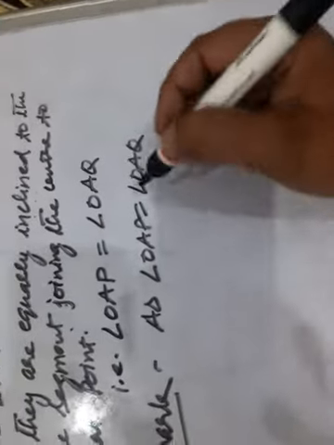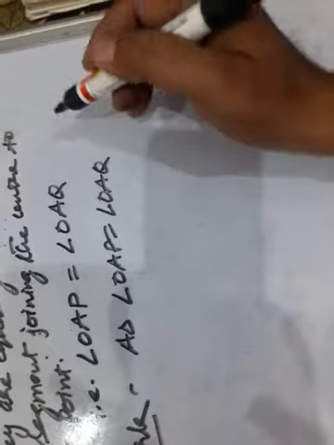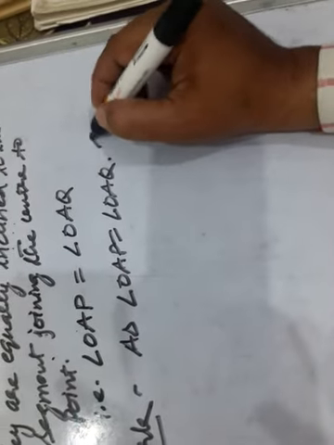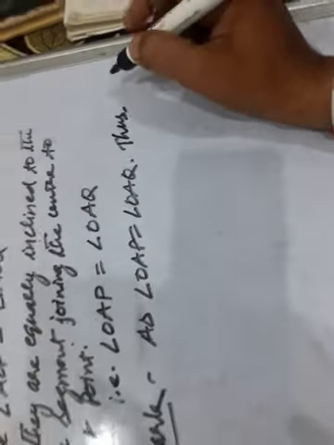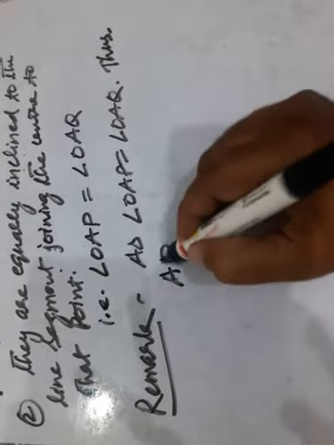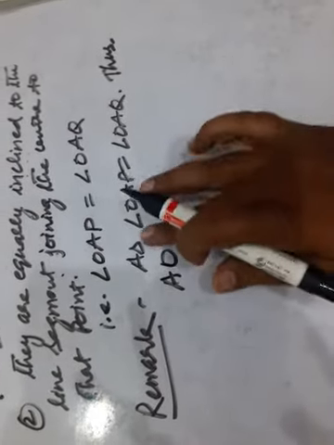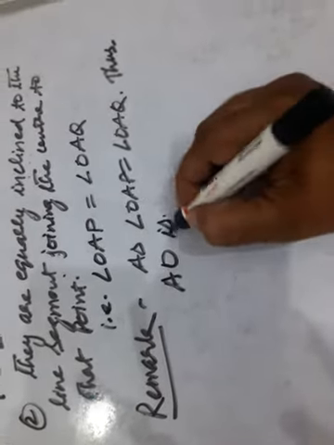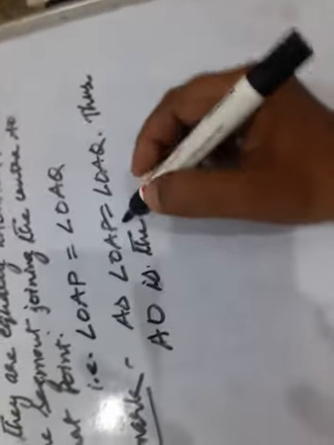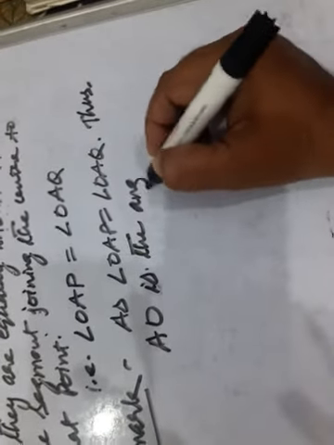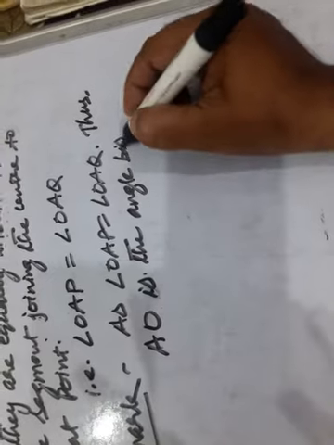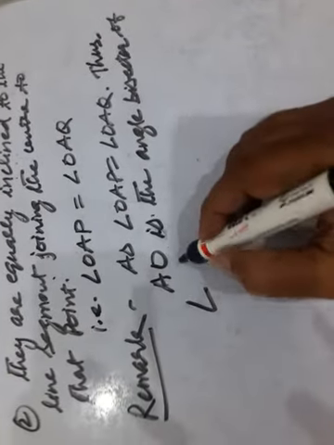So as angle OAP equals angle OAQ, thus AO is the angle bisector of angle PAQ.